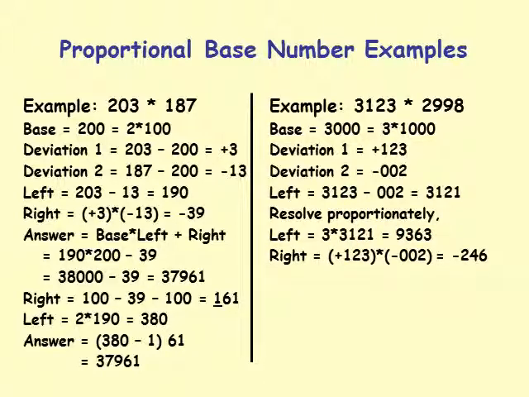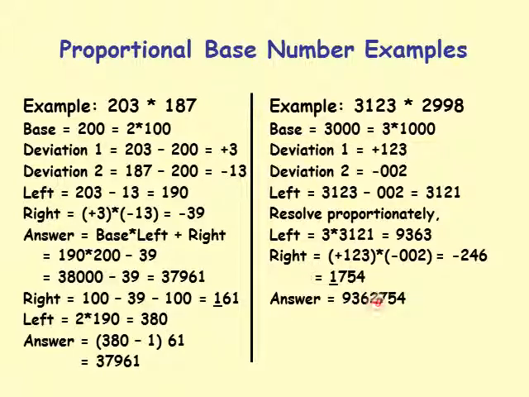On the right, 123 times minus 002 is minus 246. After resolving the negatives, adding 1000 and subtracting 1000, I get negative 1000 and 754. Answer on the left is 936, one negative gets carried to the left and becomes 9362, and 754 from the right.